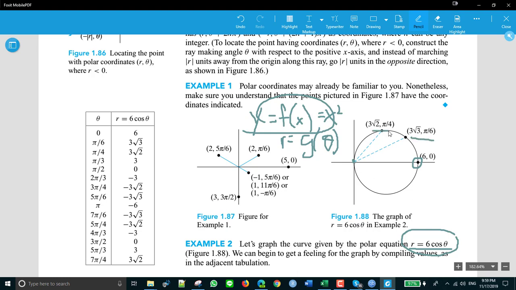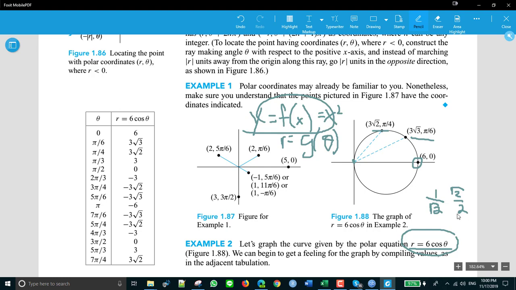So let's try pi over 4. When we put pi over 4 into cosine, we get 1 over the square root of 2, which is also the square root of 2 over 2. That's another way to write the same thing.